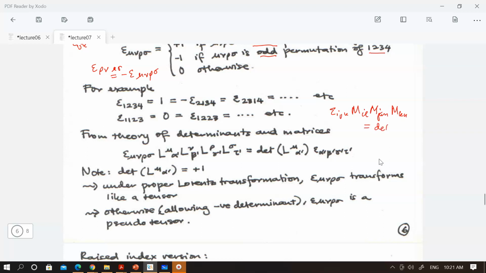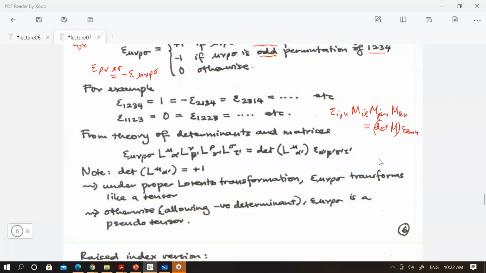That will be the same as the determinant of M times epsilon LMN. If you have not seen this before, never mind, just take it for granted at the moment.